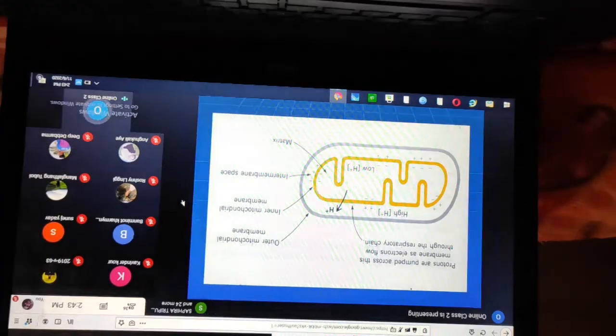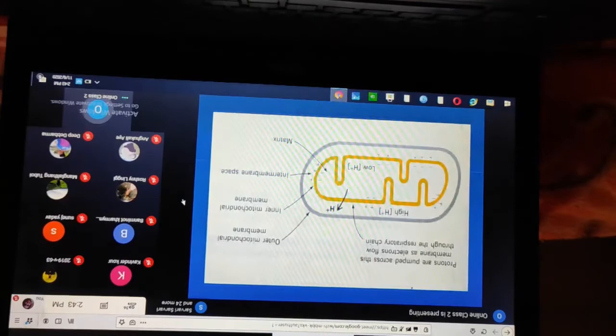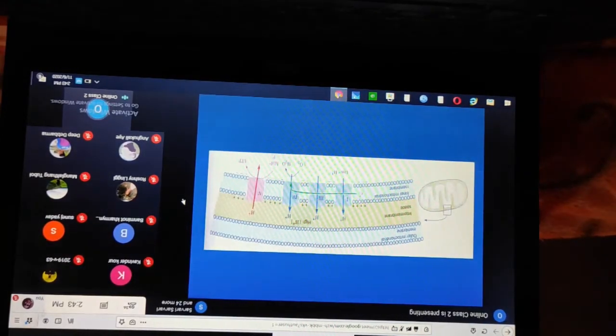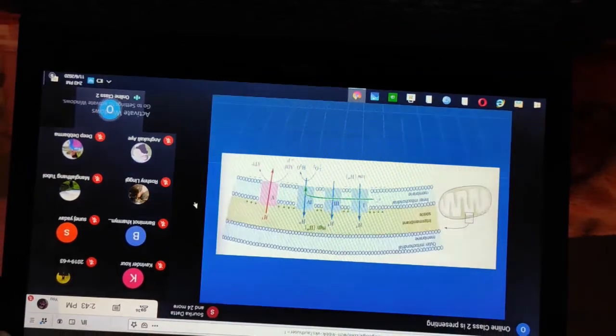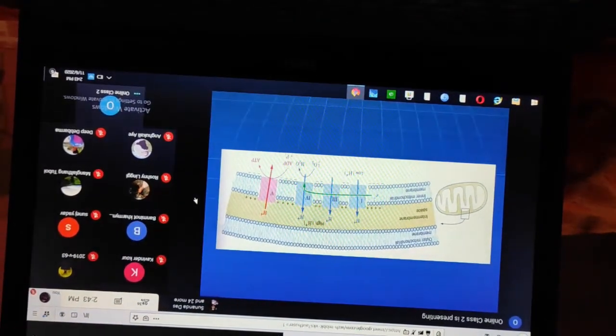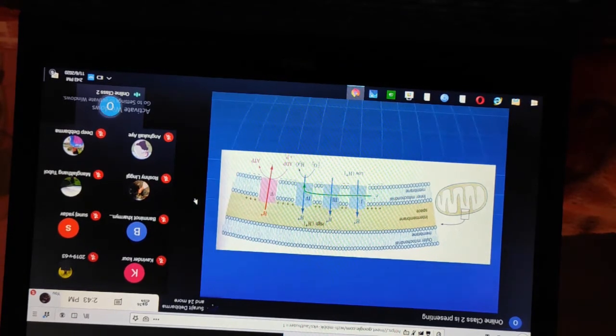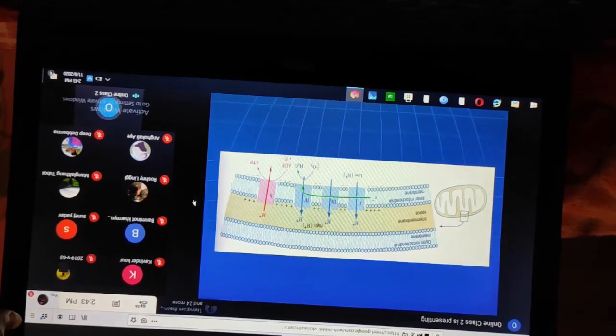The next slide also shows the same thing. Here we have complex 1, complex 3, complex 4, then complex 5. We have not discussed complex 5. The electrons are transferring from the reduced coenzymes through these complexes finally to molecular oxygen.